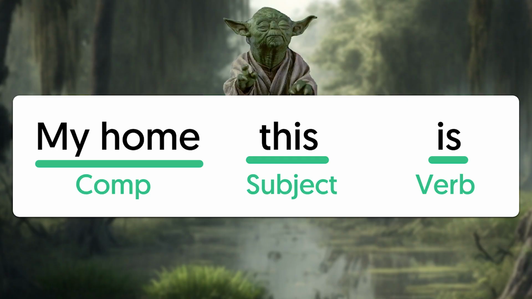Now, the kind of strange thing that's going on here is that he is separating the subject and the verb. My home, this is. So this, subject, and is, the verb that's connected to the subject, those were together before. But now they're not together. Now he's separating the verb that is about the subject from the subject and moving that over like it is the object of the sentence or like it is the complement of the sentence.